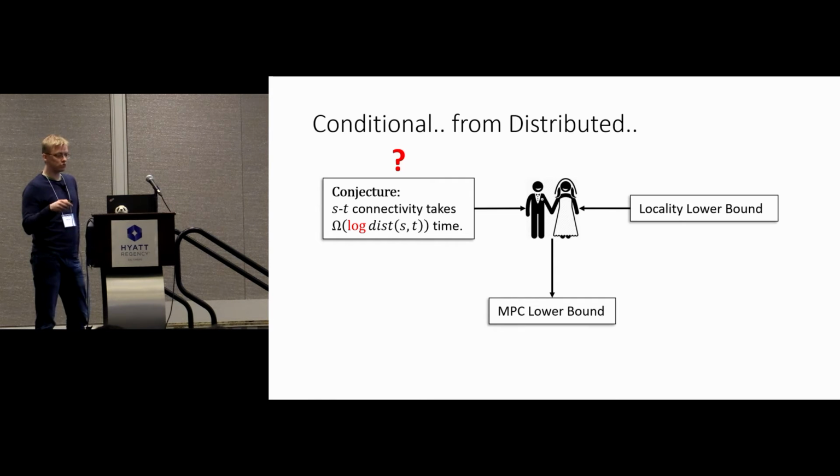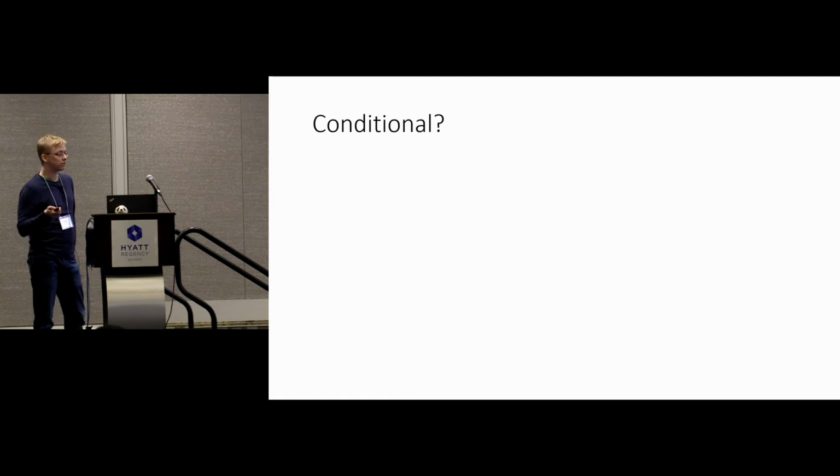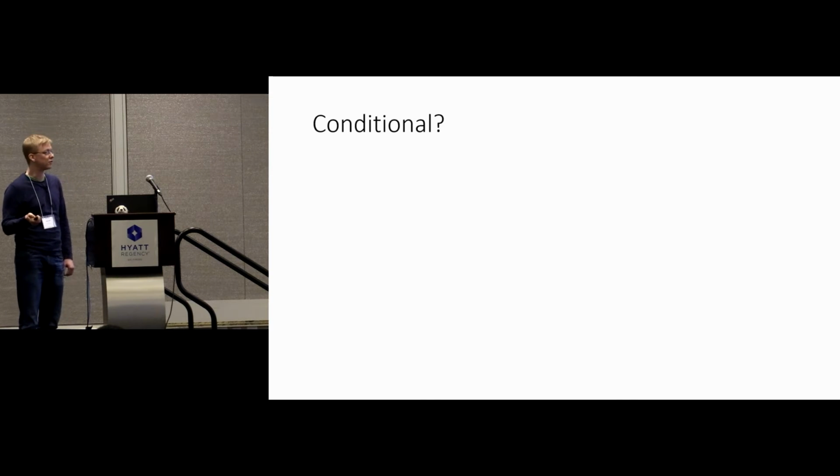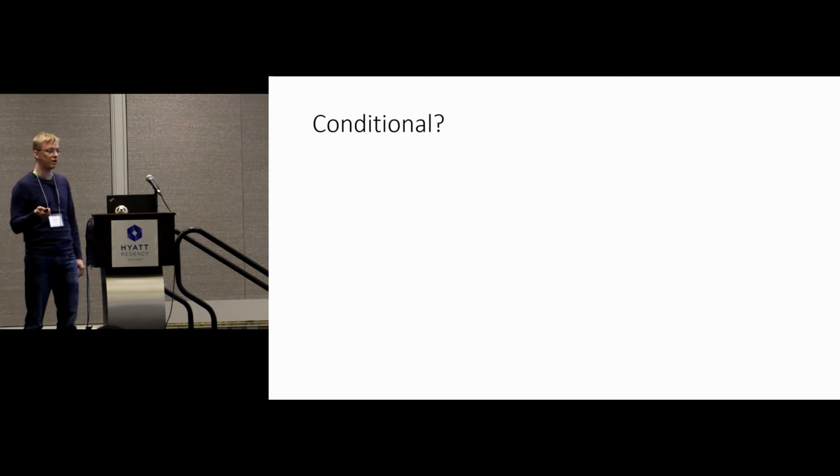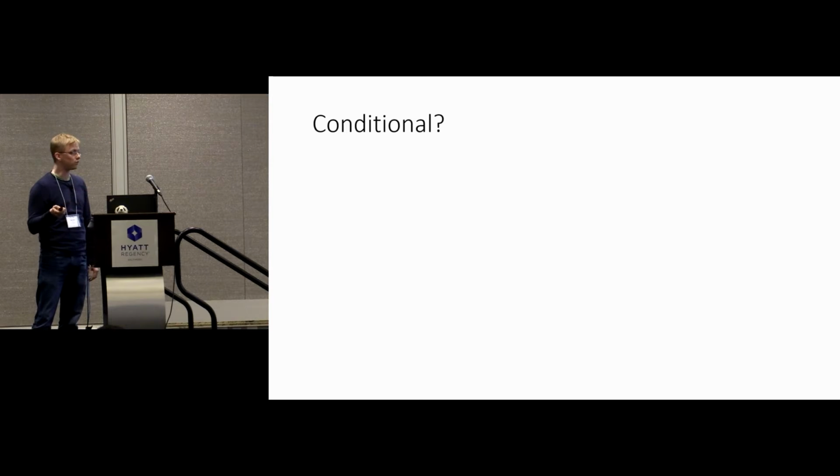And first, I want to say a few words about this conjectured hardness. Because you might ask, okay, why are we doing conditional lower bounds in the first place? Are we just too lazy to do these things properly? Or is there actually some reason for it?